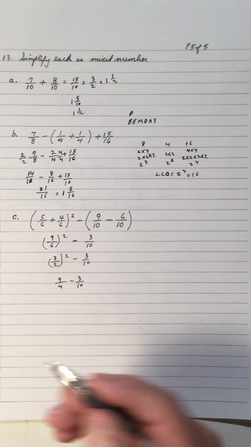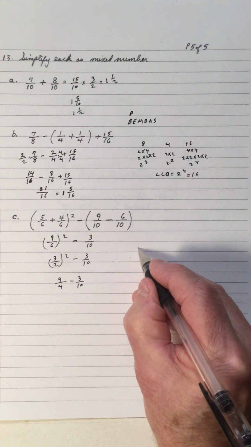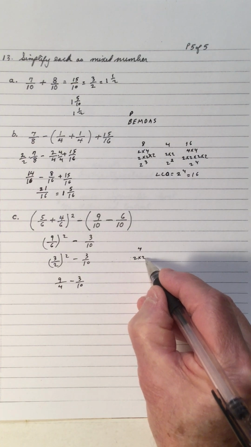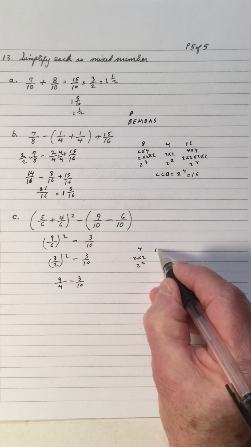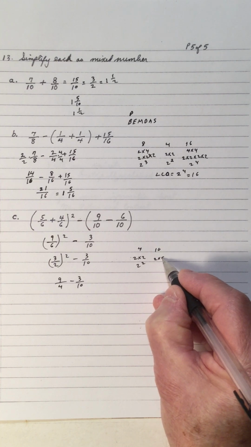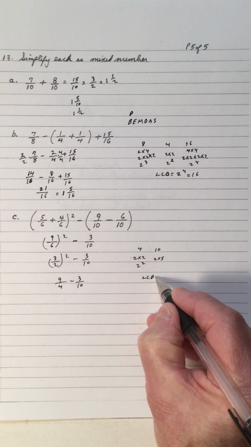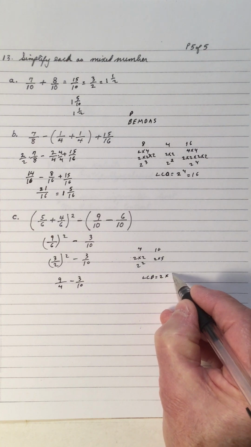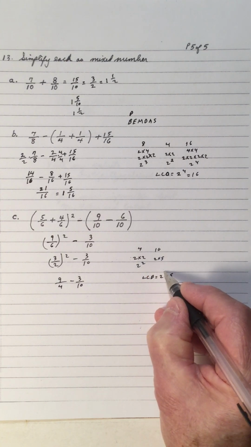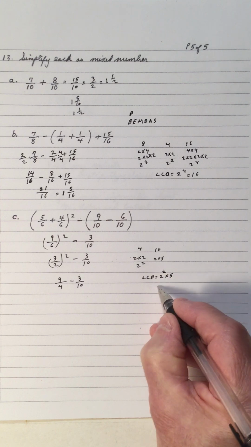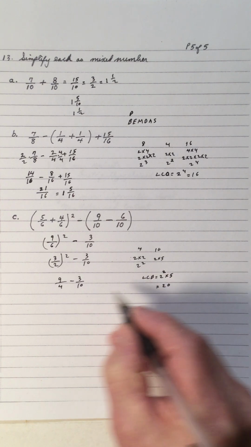But it's your choice. Now we have a 4, which is 2 times 2, which is 2 squared. We have 10, which is 2 times 5. So the LCD is, I have a 2 and I have a 5. So 2 is 2 squared and 5 is 5 to the 1. So 4 times 5 is 20.